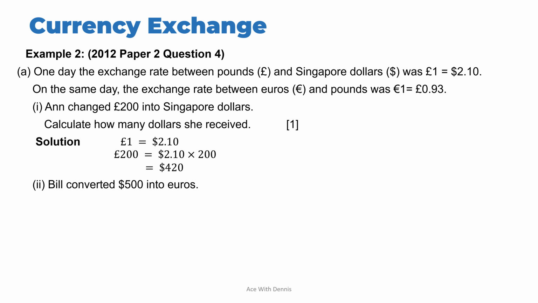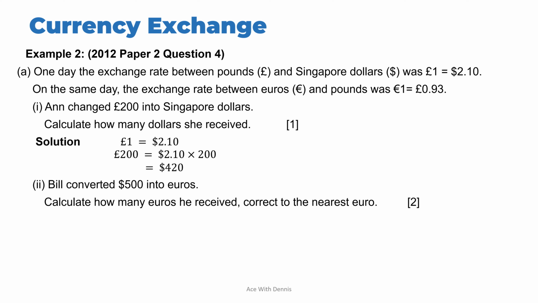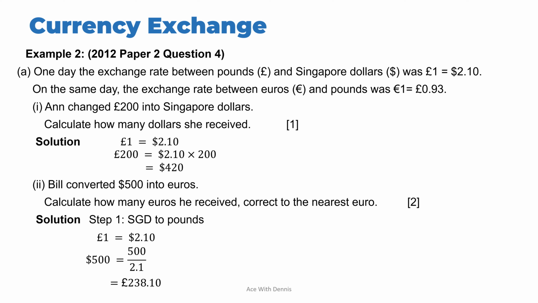Then part 2, Bill converted $500 into euros. Calculate how many euros he received, correct to the nearest euro. 2 marks. Here's the solution. The first step is we change Singapore dollars to pounds. 1 pound is $2.10. Hence $500 will be 500 divided by 2.1, which is 238.10 pounds.